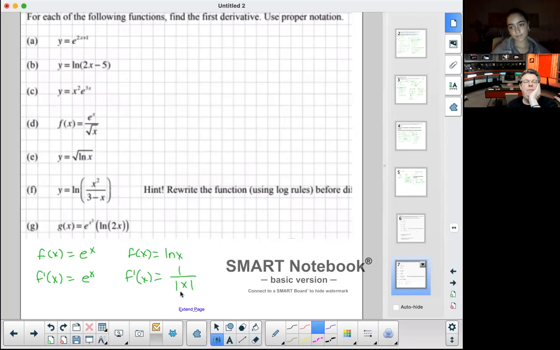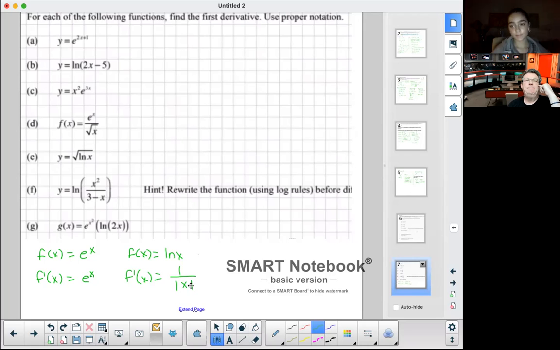And usually the absolute value doesn't come into play, especially in IB SL. It's only there because, without going into much detail, the logarithm of a negative number does not exist.